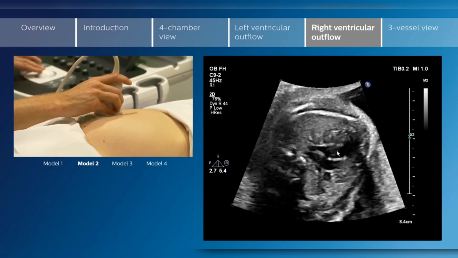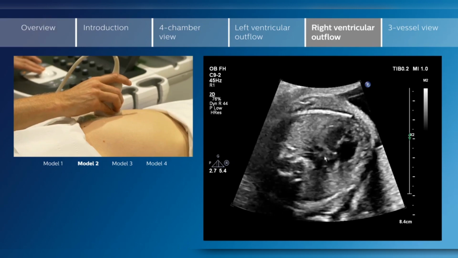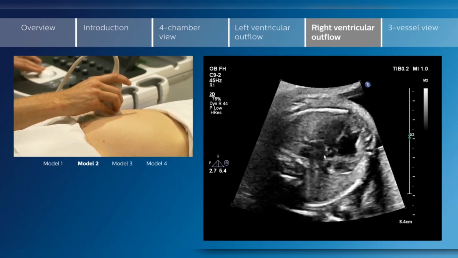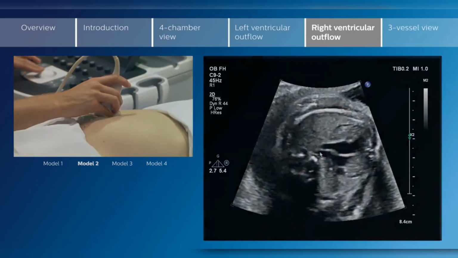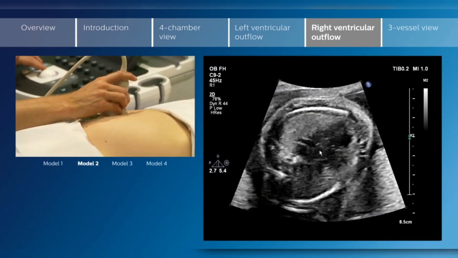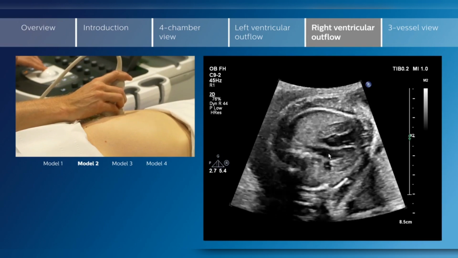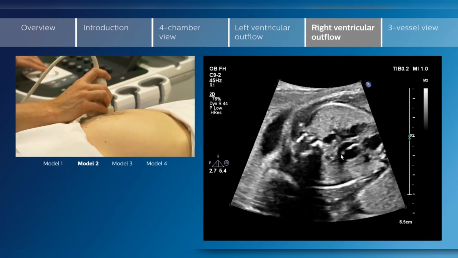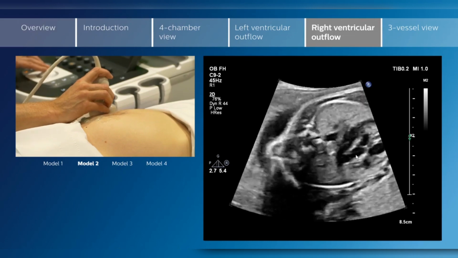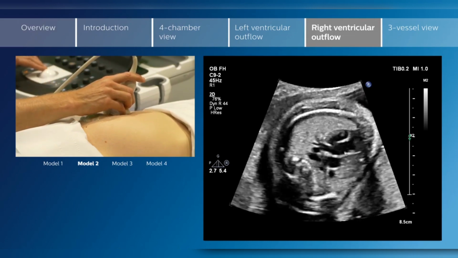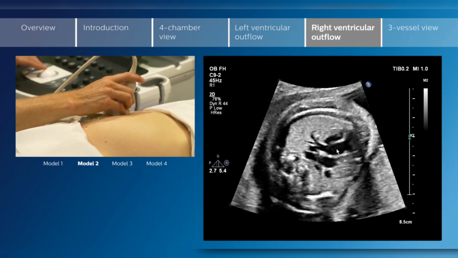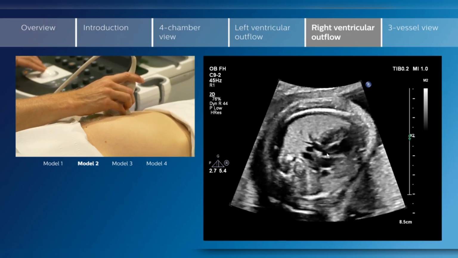The branching of the pulmonary artery can be appreciated here with the main pulmonary artery, duct and the right pulmonary artery tucked under here. I'm just going to try and show that bifurcation a little better in a different projection here of the pulmonary valve, of the pulmonary artery. So we're going to see that this is the main pulmonary artery here coming out and bifurcating.